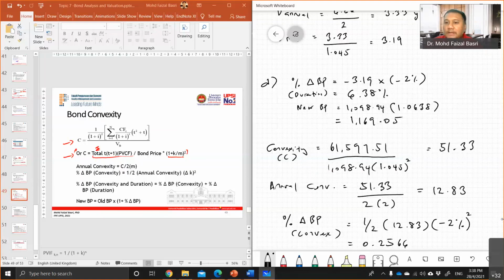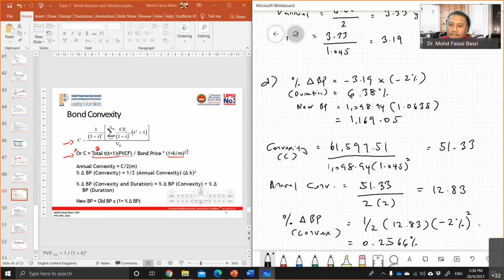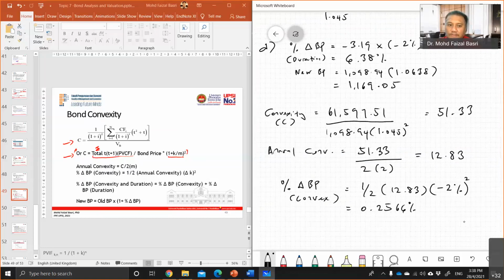This is the convexity effect, 0.2566. Okay, 0.2566.